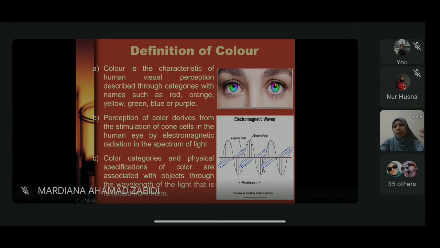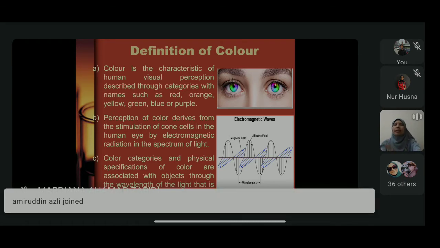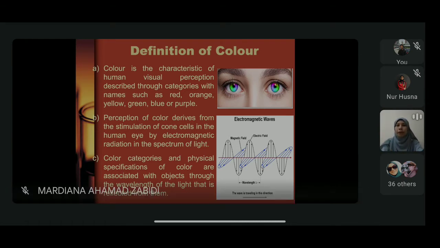Okay, on your left-hand side, you have the graph showing the magnetic field, electric field, and the wavelength. Different colors have different wavelengths. You have learned about rainbow colors; each has its own specific wavelength. For example, red has its own specific wavelength compared to blue.